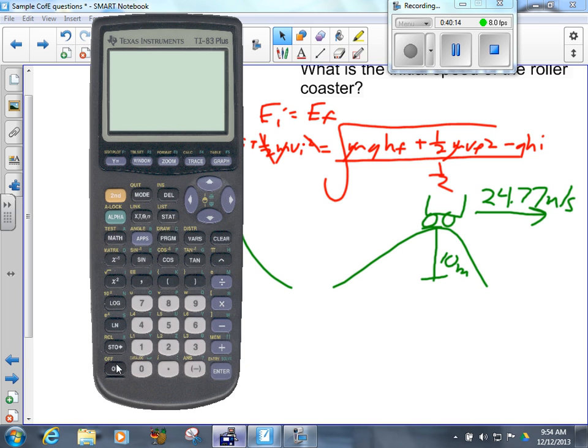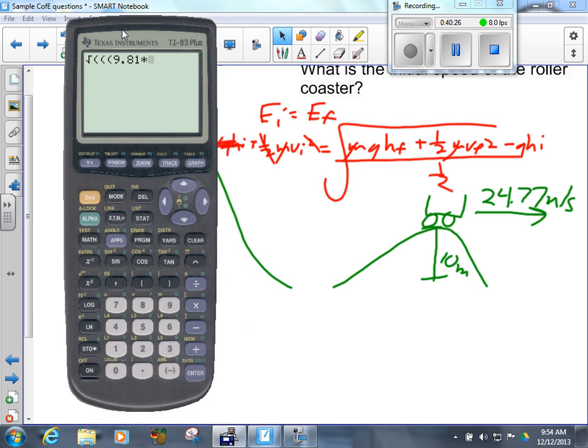The initial height was 40. Oops, the final height was 10.